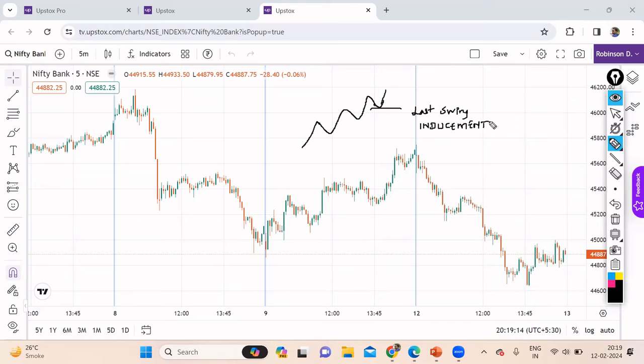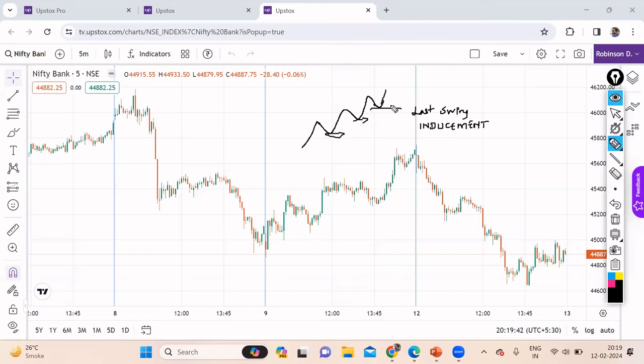So the last swing is known as inducement. And when you ask me what is inducement, an inducement level is basically a level which is used to trick buyers or sellers. People who are in a bullish trade, obviously, as soon as a new higher low is made, their SL is always on the previous swing low.